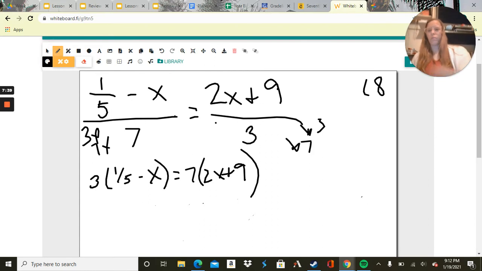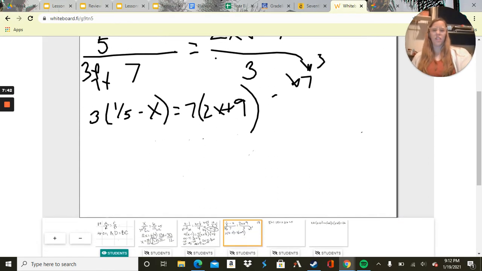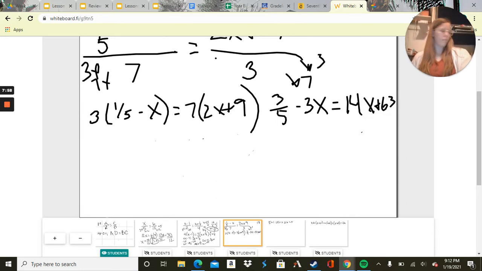All right, let's try that again. So we're going to have 3/5 minus 3x equals 14x plus 63. Okay, so let's try this again. We're going to add 3x.